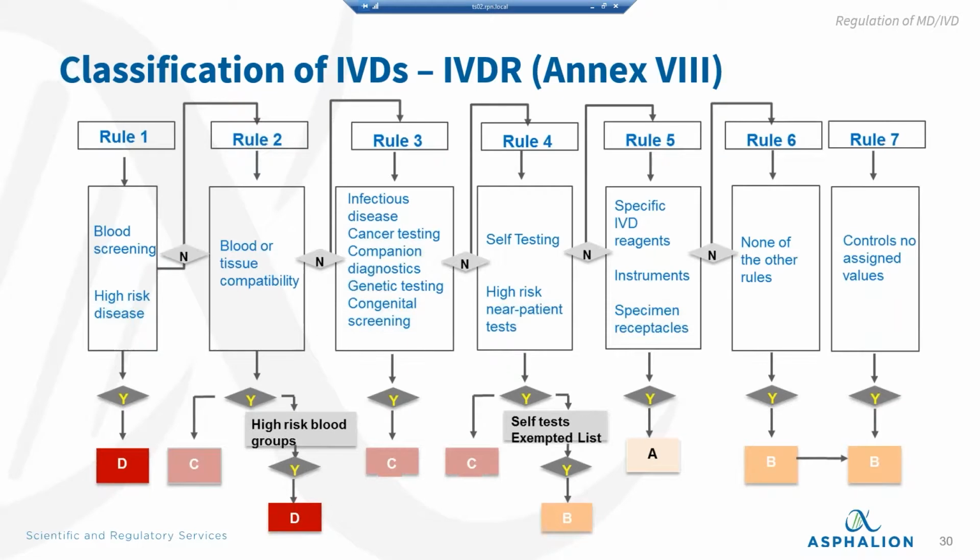If it is, then your device is going to be considered a class D. If not, we would move on to rule 2. Then we would see if the device is used for blood or tissue compatibility. If it is, then we would classify it as class C or D, depending on the blood group. But if not, we would move on to rule 3 and so on, until we finish all the classification rules.